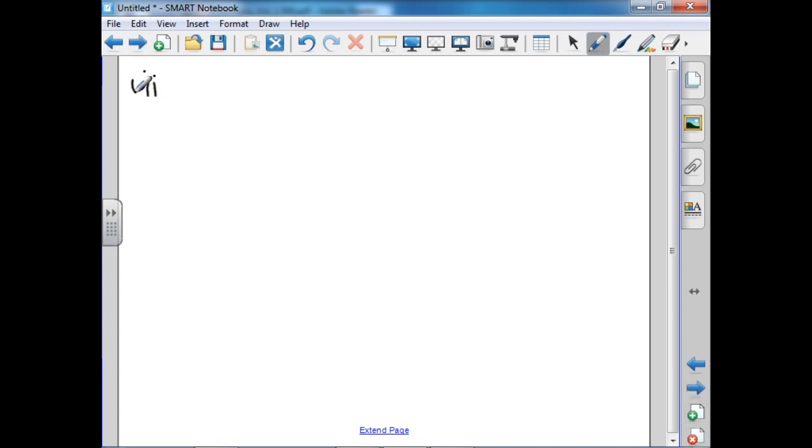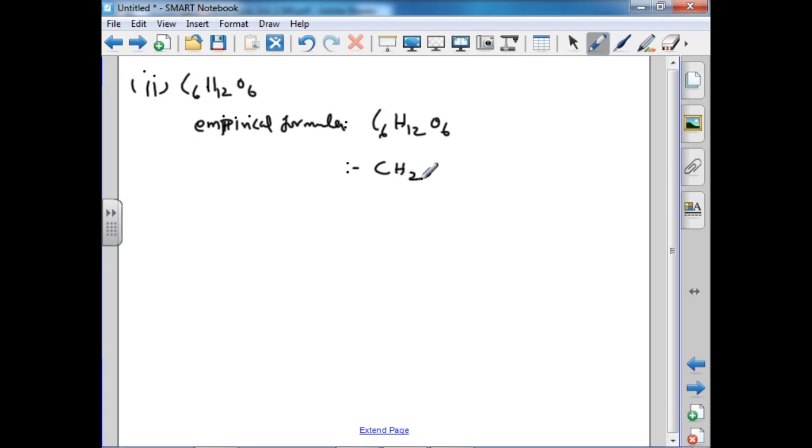Second one, C6H12O6. Empirical formula equals molecular formula divided by n, where n is a whole number. So in C6H12O6, both terms are divided by 6, so CH2O.